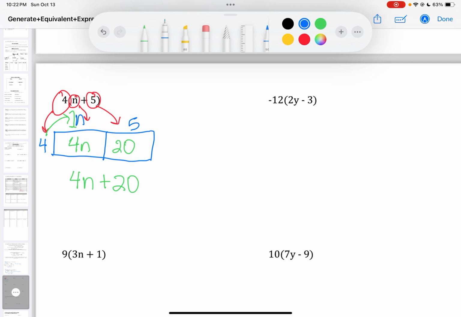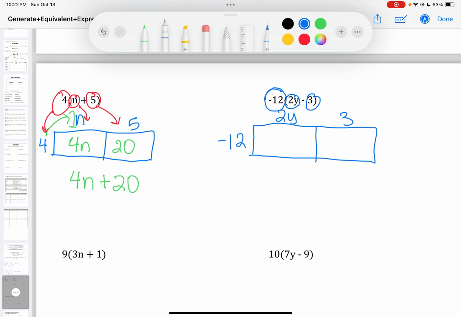All right, and then we're going to do the same thing over here. I'm going to draw my rectangle. I'm going to put my number on the outside of the parentheses on the left, -12, and then my 2y will go right here, and my 3 will go right here. -12 times 2y, a negative times a positive is going to be a negative.